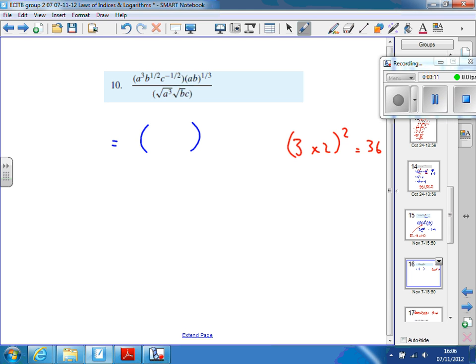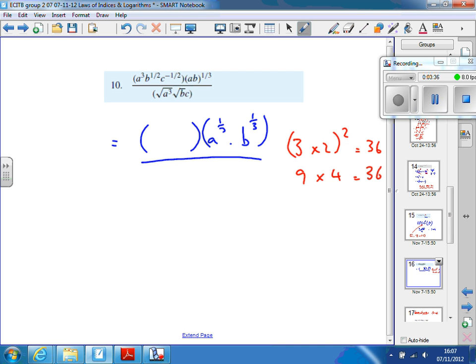I could actually square each of the numbers inside and I still get the answer 36. So I can write this as a to the power of third multiplied by b to the power of third. So that's the first thing to recognize about this one. So the second bracket can be written like that.